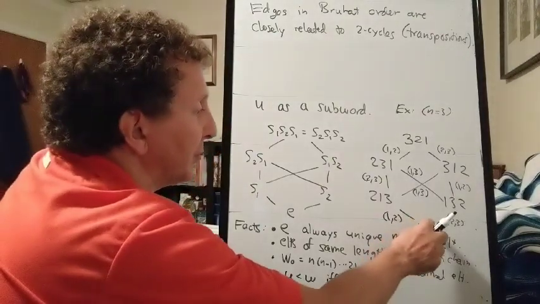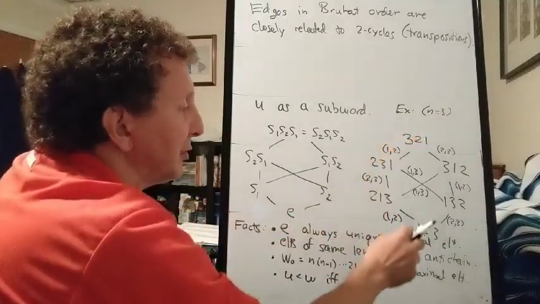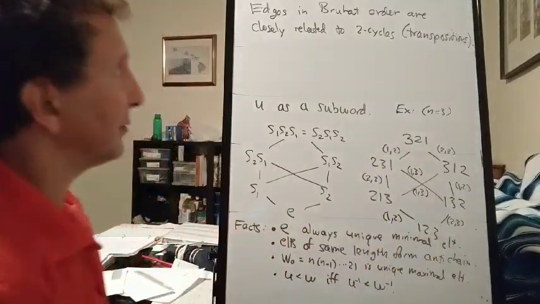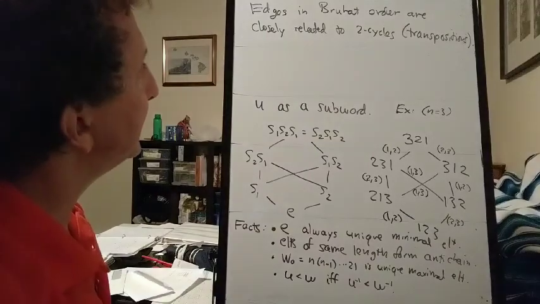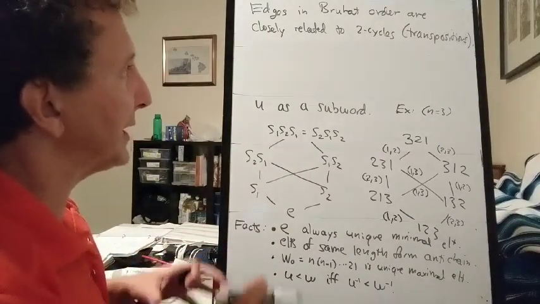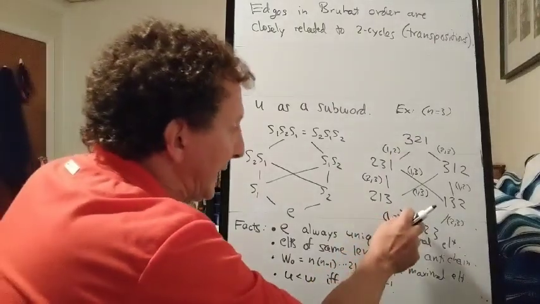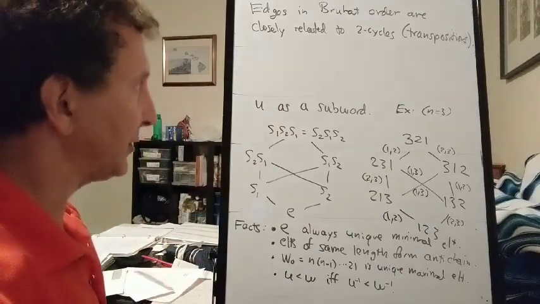So since 1, 2, 3 is less than 2, 1, 3, which is less than 2, 3, 1, which is less than 3, 2, 1, we don't need another edge telling us that 1, 2, 3 is less than 3, 2, 1. So not every multiplication by a transposition corresponds to an edge, but every edge represents multiplication by a transposition.